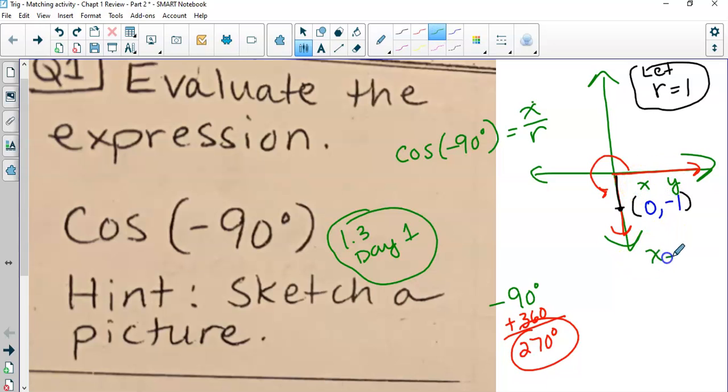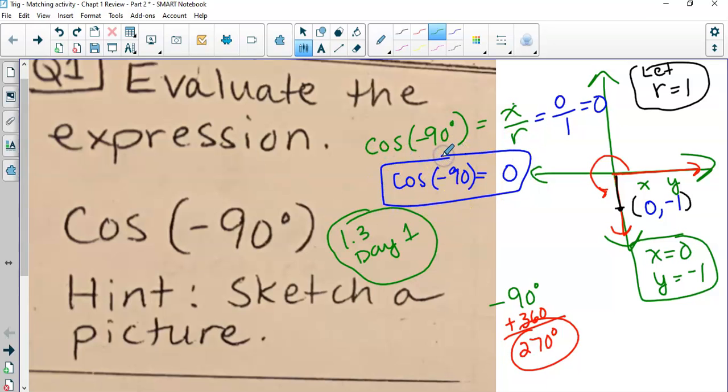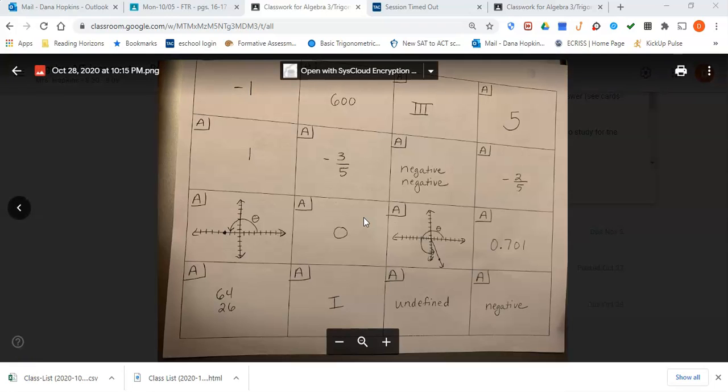So then x equals 0, y equals negative 1, and you have your x and y and r value. So 0 divided by r, which is 1, 0 divided by 1 equals 0. So the cosine is 0. And you can check it on the answer page.